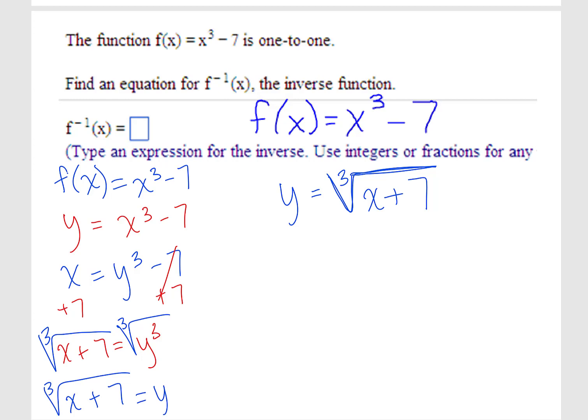That's probably one of the most common questions we hear: how do I know when it's going to be underneath the radical? Well, it depends. What happened first? When you're undoing these operations to isolate y, what happens first? And I think we'll see an example of when it happens afterwards. But let's say that I went ahead and did the cube root of x plus 7, but then it wasn't just y over here.